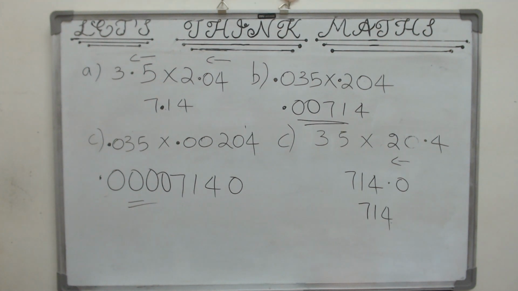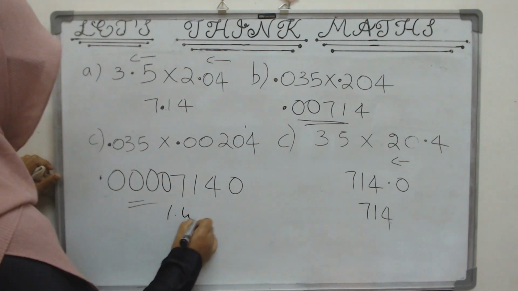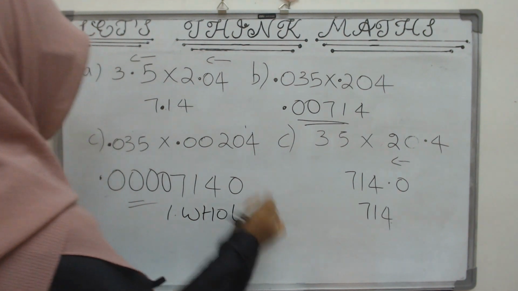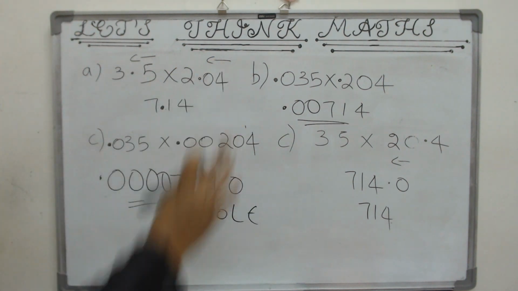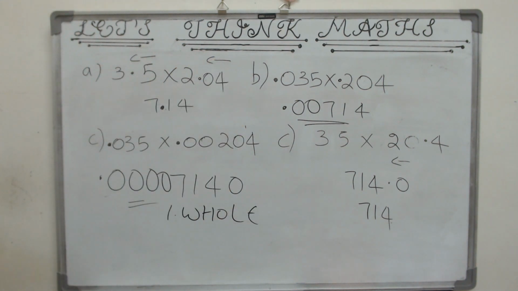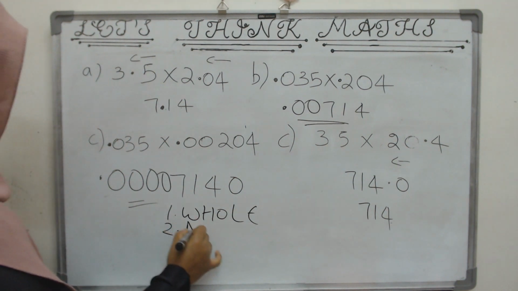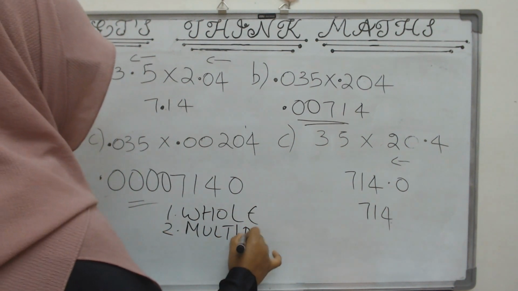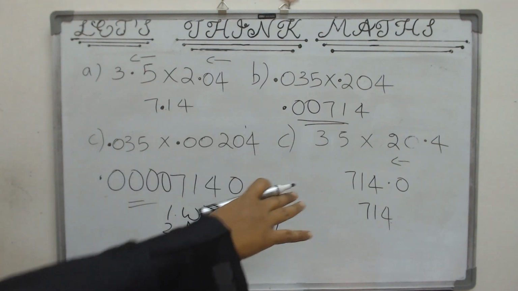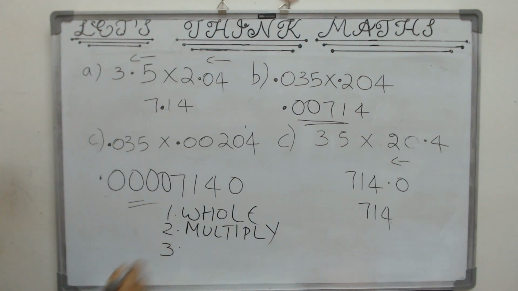So how do we multiply decimals? The first step, make decimals into whole numbers. How do we convert them into whole numbers? We just remove their decimal point and then they will become a whole number. And what is the second step? The second step, you multiply all the given numbers. And what is the third step?